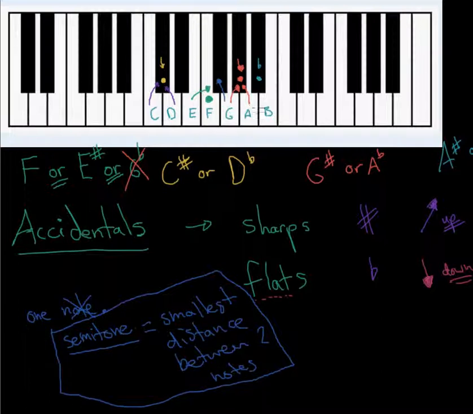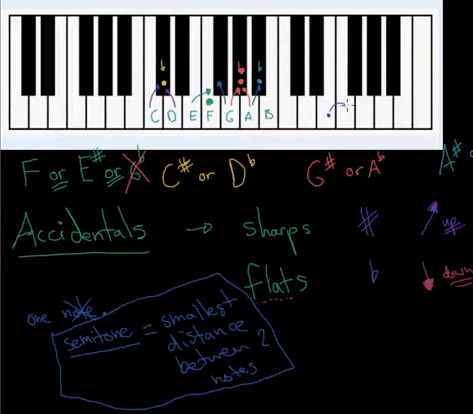So, the smallest distance up from A is to this note here, not to this note. That is not the smallest distance. This note here, the smallest distance up is straight to this one here, right? The smallest distance down is not to here, no, it's to this one here.